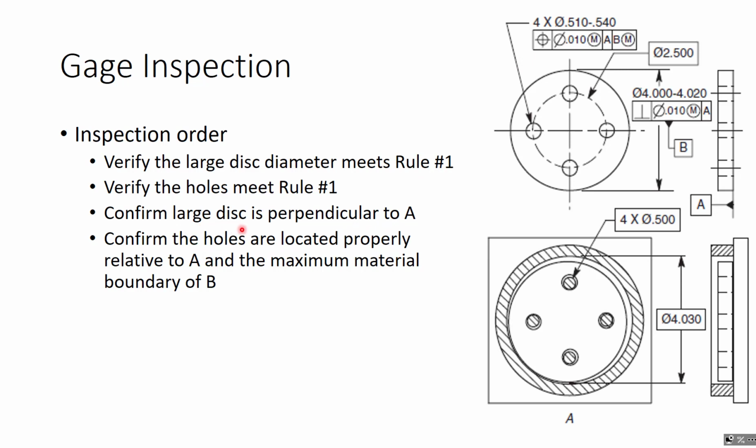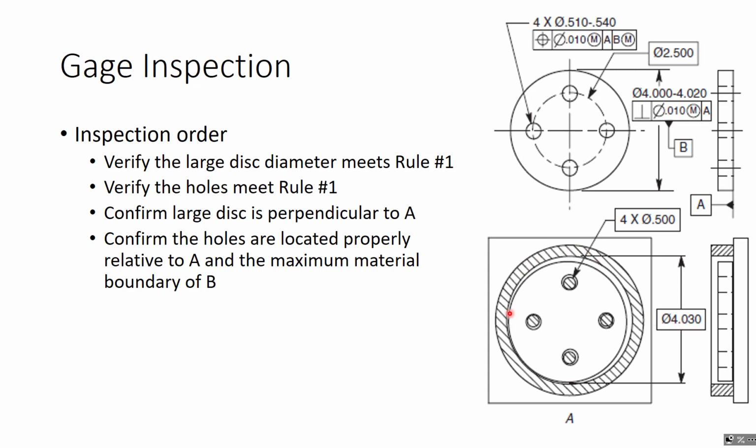Then we confirm that the disc is perpendicular to A. So to confirm that the disc is perpendicular to A, we've got this gauge here, the outer ring. We do have max material condition. It is an external feature. So we're going to use the larger value, the 4.02, add on the geometric tolerance of the 0.010. We find the total variation allowed, or the virtual condition of the large disc is 4.03.